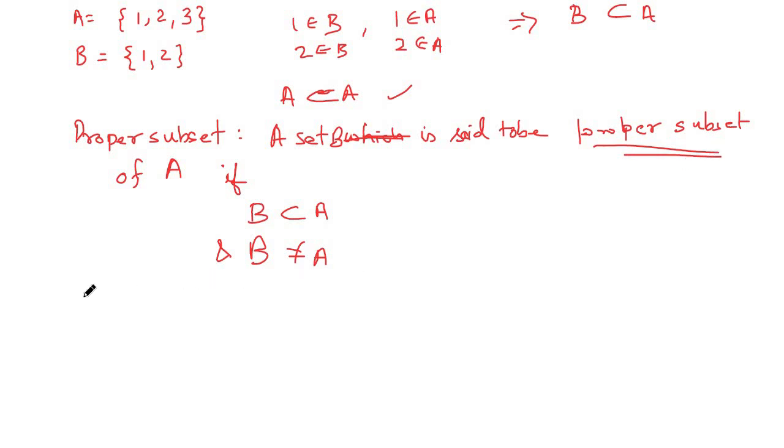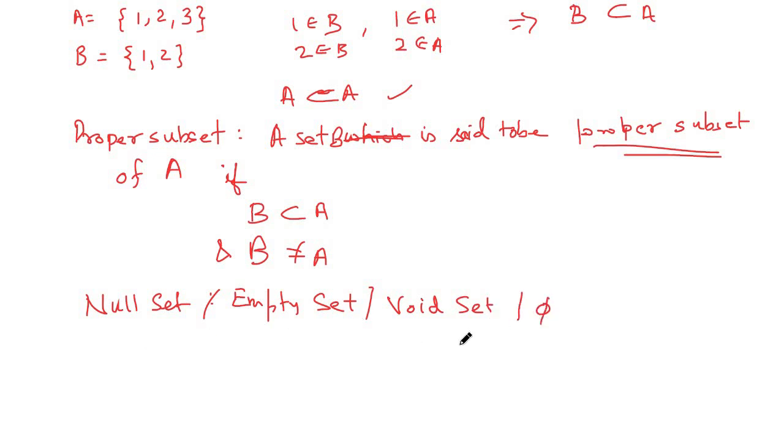Then there is a set called the null set. The null set is a set that does not contain anything. It is also named the empty set, or void set, and it is mostly represented by phi.